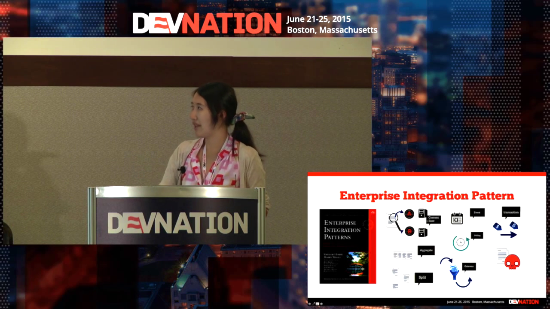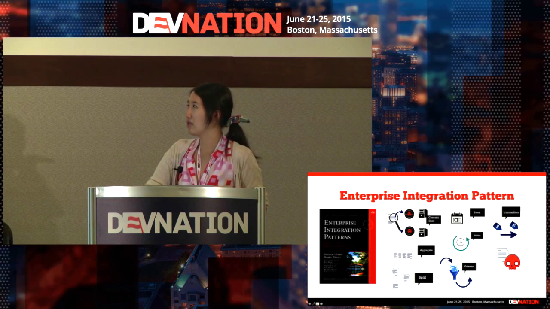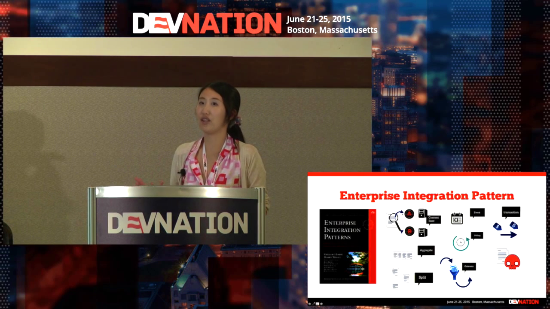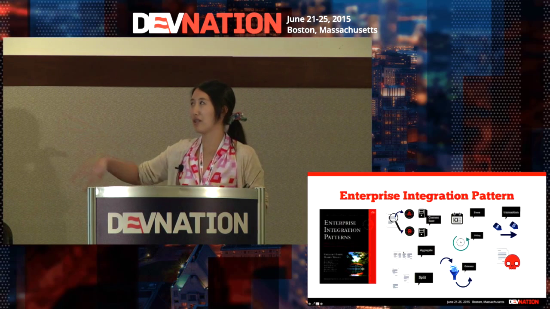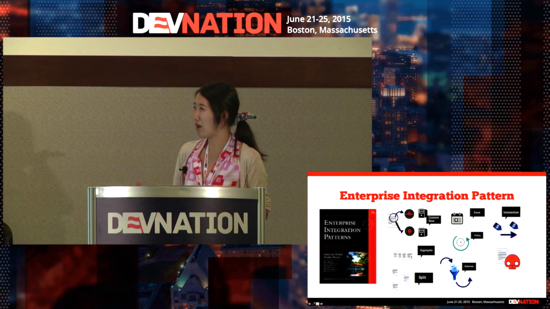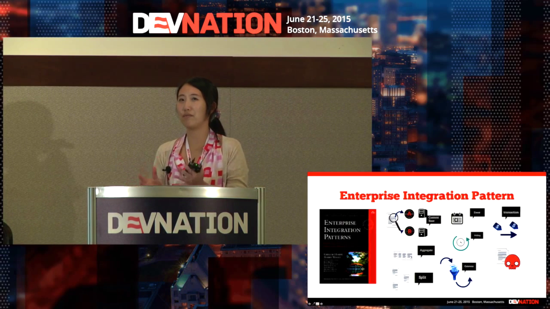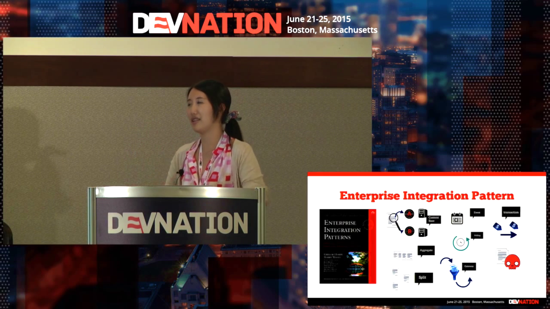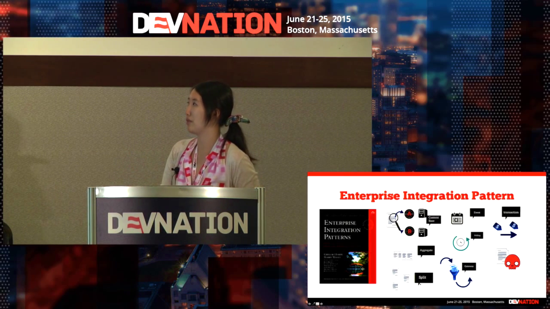So what they think is that when you're actually dealing with the data, you probably need to do some kind of routing based on the content. Here are just some examples of the patterns. Sometimes you have to aggregate some of the messages that you receive, put them together and then send them out. Or sometimes you need to split them out.